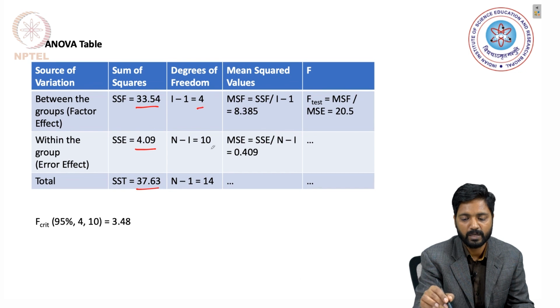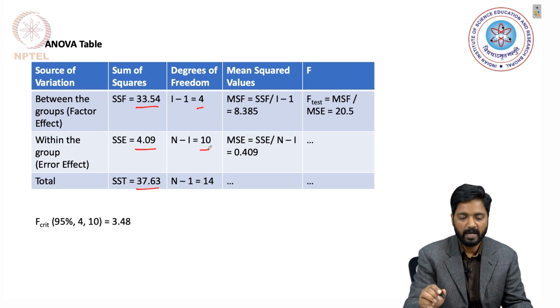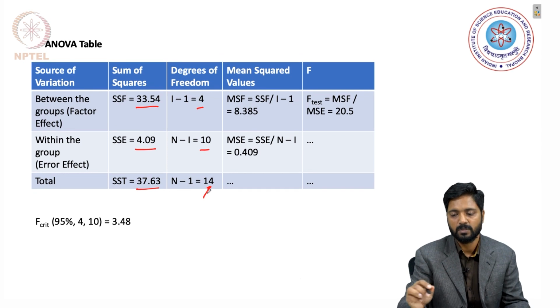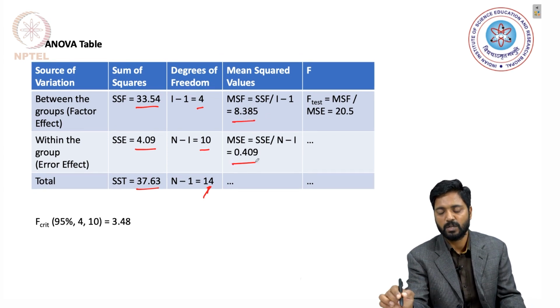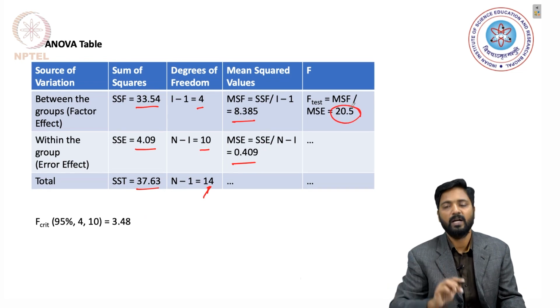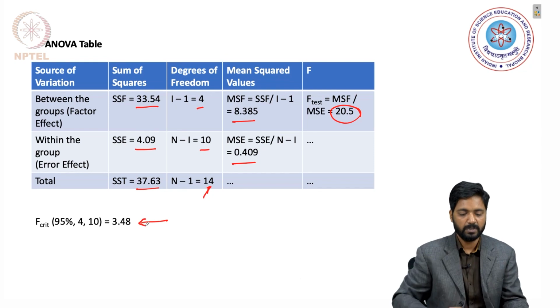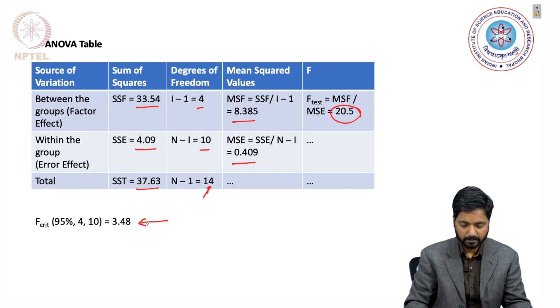The degrees of freedom for the factor and the error are listed, and the degrees of freedom total, which is 15 minus 1 or 14, is also shown. The MSF and the MSE values are provided, and the F calculated value is given. F critical value is also denoted later for comparison.